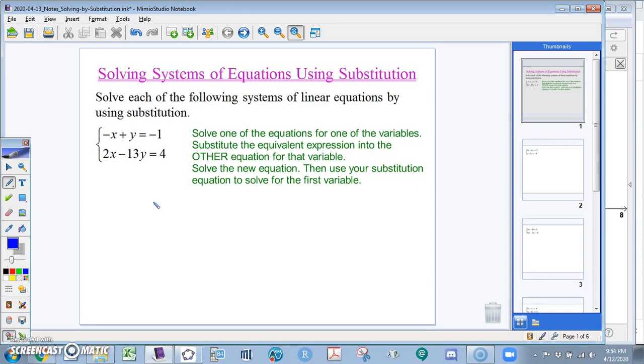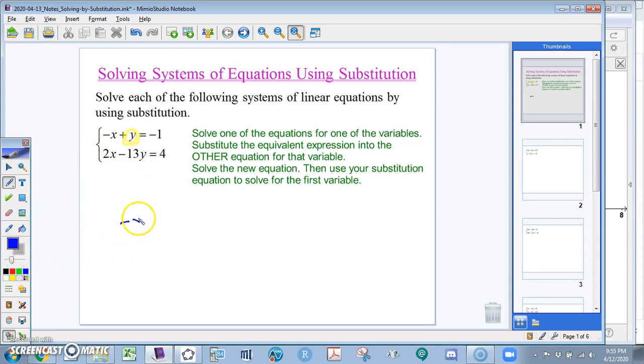So let's say we have the system where the opposite of x plus y is equal to -1 and 2x minus 13y is equal to 4. If I look at that system there, hopefully it's pretty apparent that y in the first equation is the easiest variable to solve for.